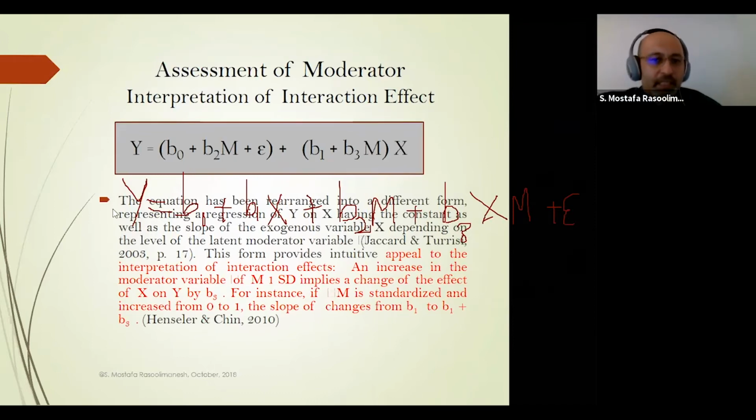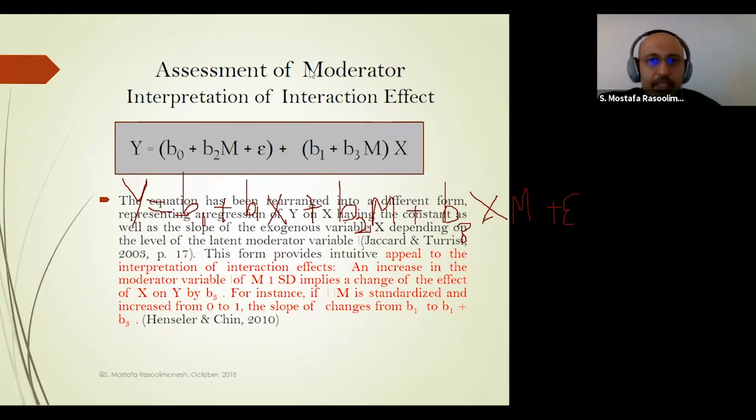Now we have this equation when we include the moderator and the interaction effect in the regression equation. This equation can easily be converted to another equation.